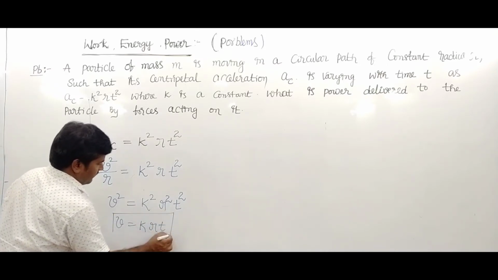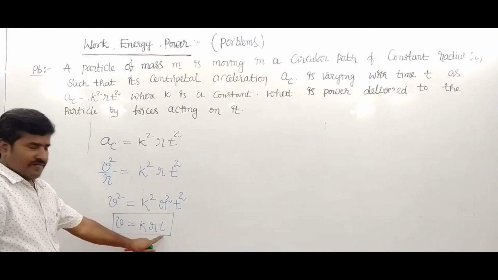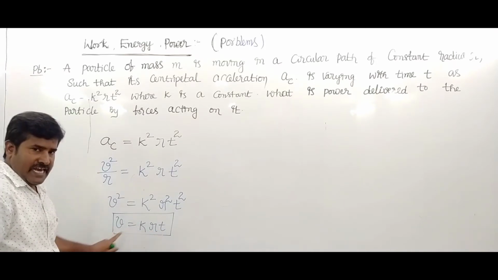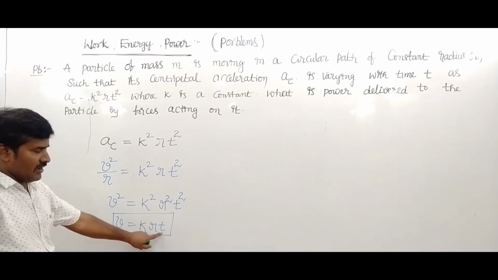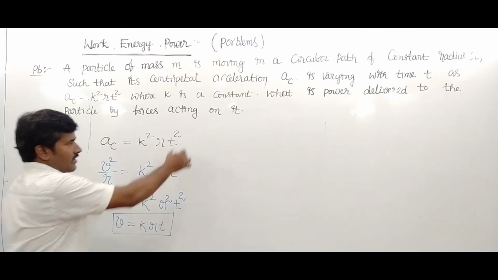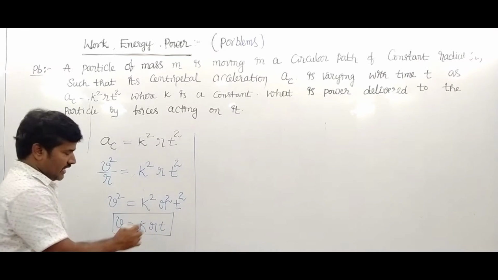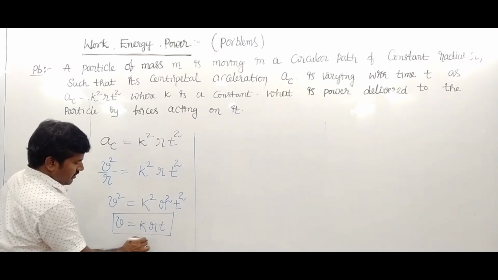The velocity is variable with time. Speed is variable with time. This is non-uniform circular motion, NUCM.